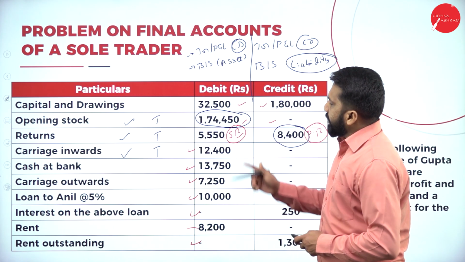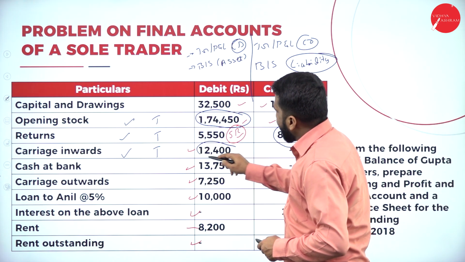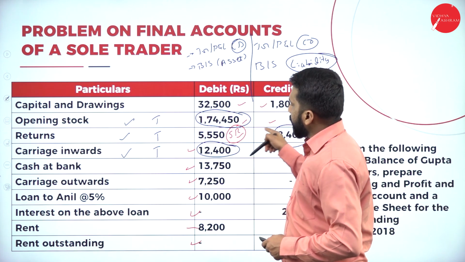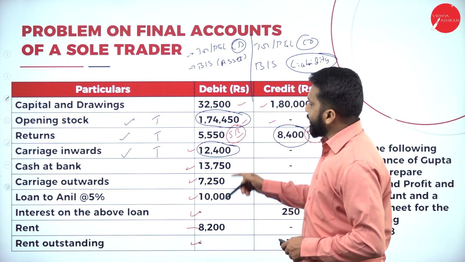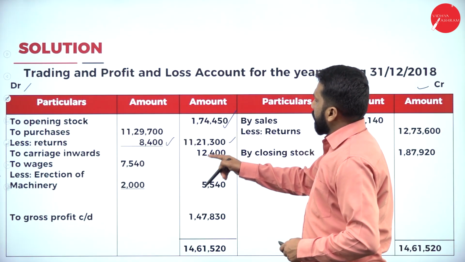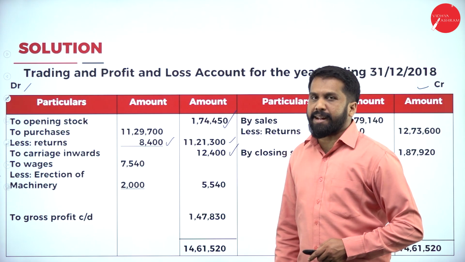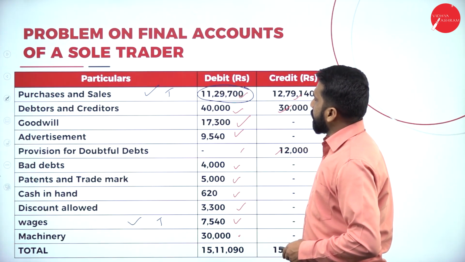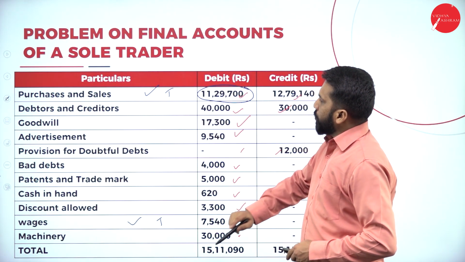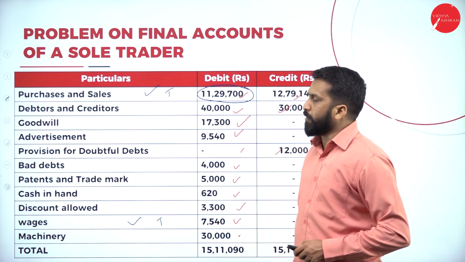Now, carriage inward is 12,400. It is done. Next, we have wages 7,540.